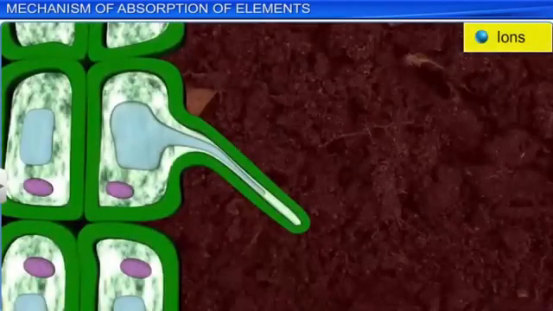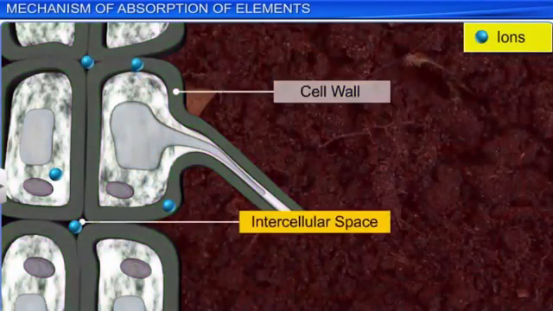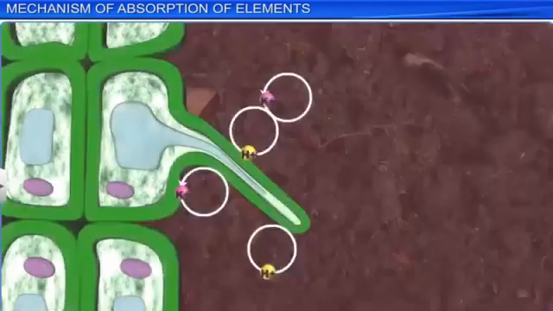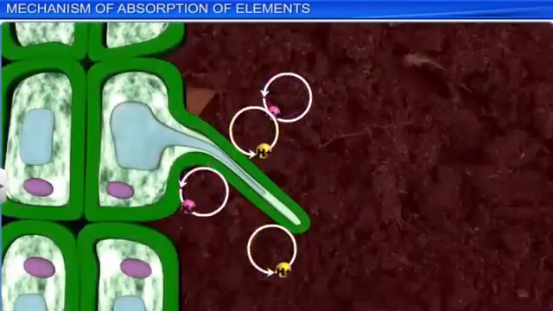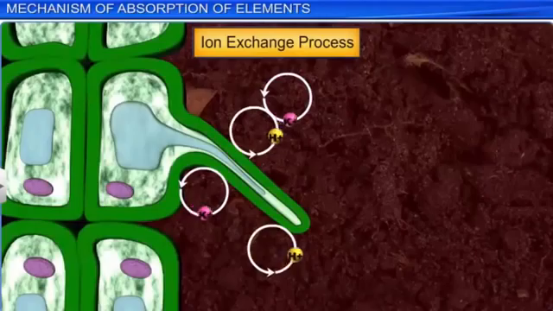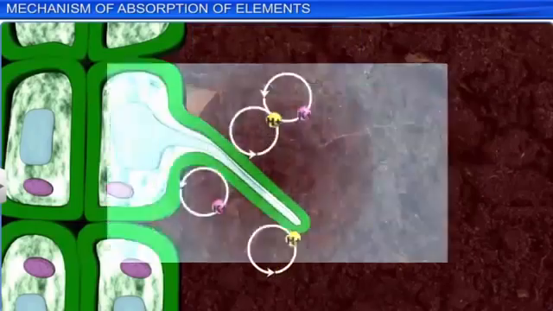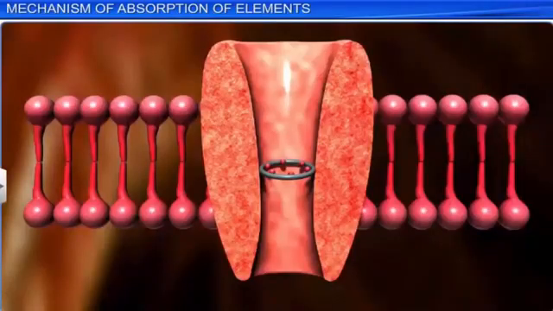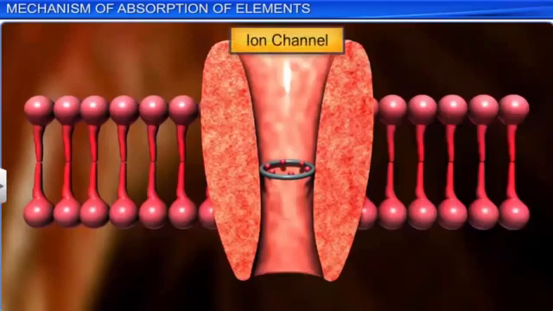The first phase involves the movement of elements into the cell wall and intercellular spaces. The absorption of ions happens through the ion exchange process. The passive movement of ions into the outer space of the plasma membrane usually occurs through ion channels.